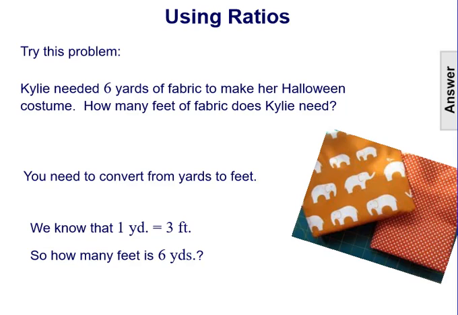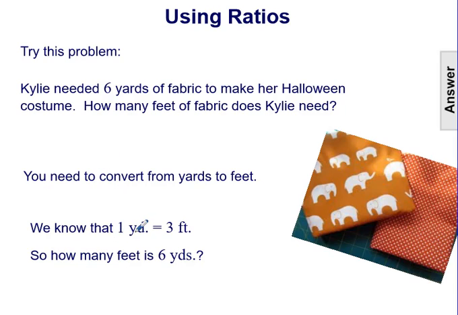Here is a problem where we can use converting between the two ratios and comparing the two ratios. This problem says Kylie needed 6 yards of fabric to make her Halloween costume. How many feet of fabric does Kylie need? So we need to convert from yards to feet.